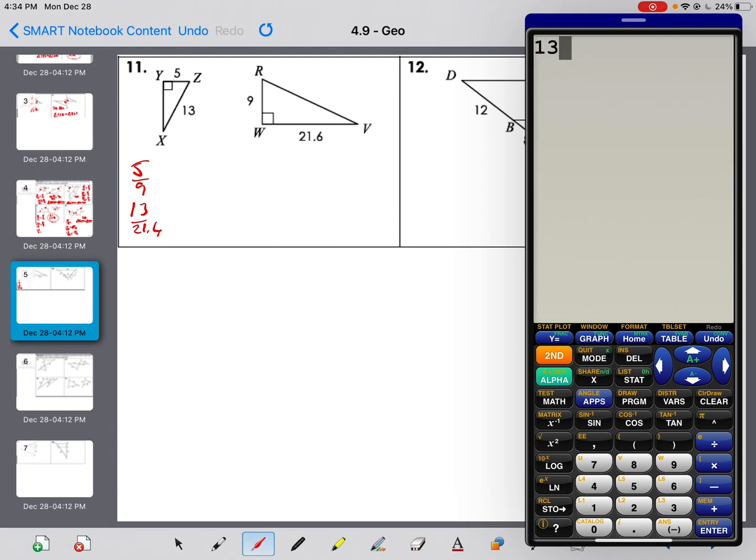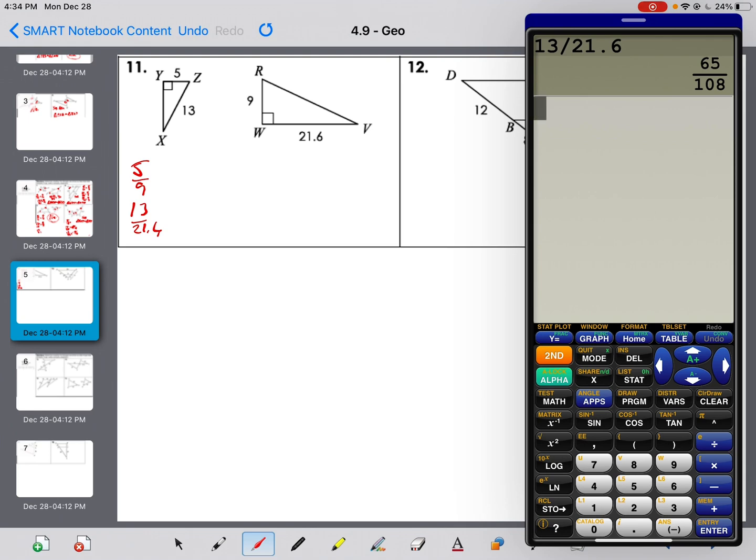So let's just try. That's not what I meant. It doesn't seem to be the same thing as 5/9. But maybe we're setting the wrong ones to the wrong ones.